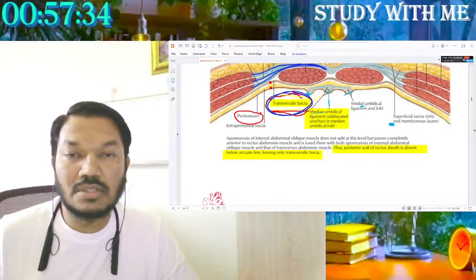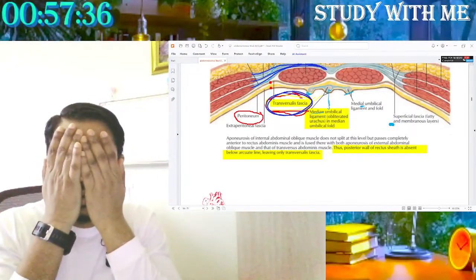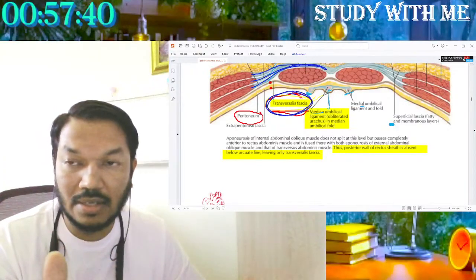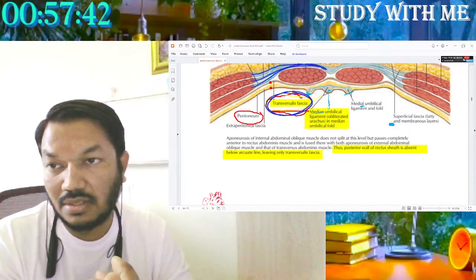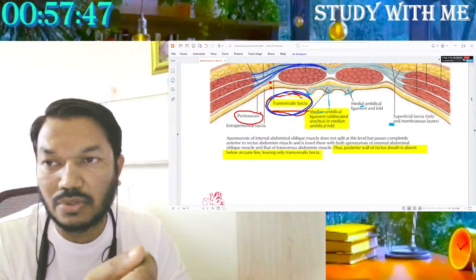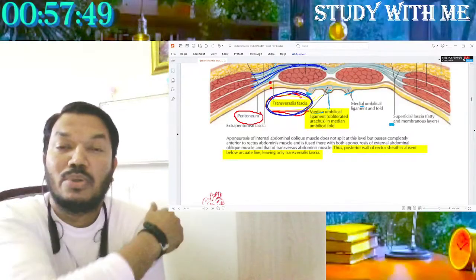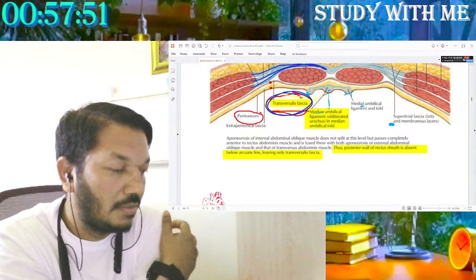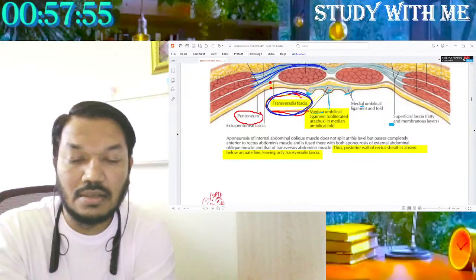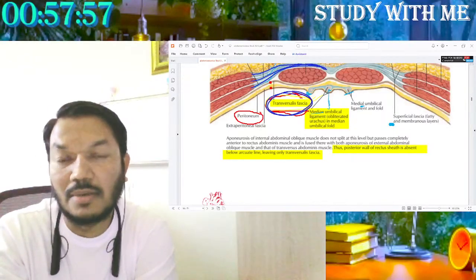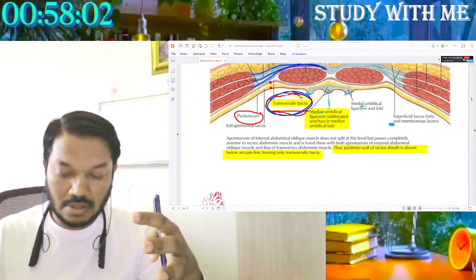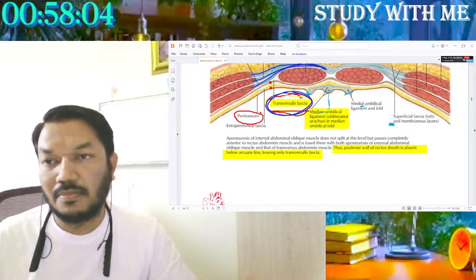And muscle fiber, muscular tissue, they are fixed in number. Maximum what they can have is hypertrophy and atrophy, but not proliferation. But this aponeurotic tissue, there can be proliferation. That's why when someone's tummy becomes larger, this aponeurosis part gives them space to expand.